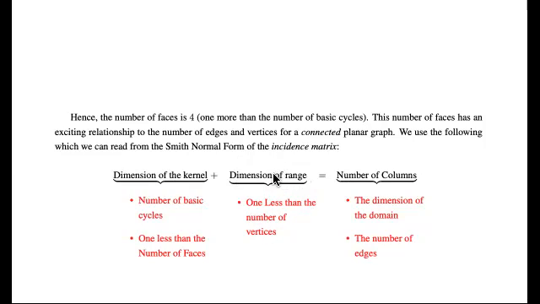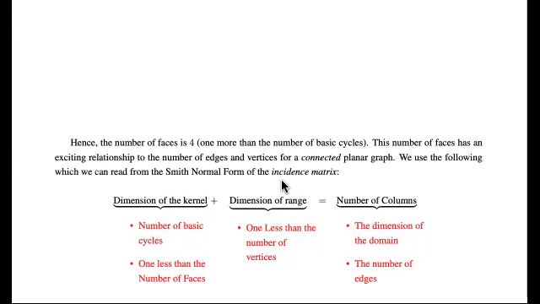Okay, hold on. Yes, so that's true. And the reason why it's 1 less than the number of vertices is because to get the dimension of the range, you're getting the dimension of what you're modding out by when you're looking for connected components.